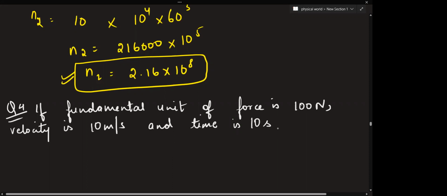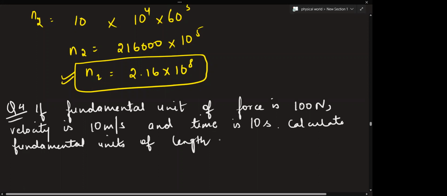You have to calculate the fundamental unit of length, mass, and time. Okay, Ram. So quickly note this question and let me know when you're done. So just try to find out the answer. We'll discuss it in the next class.